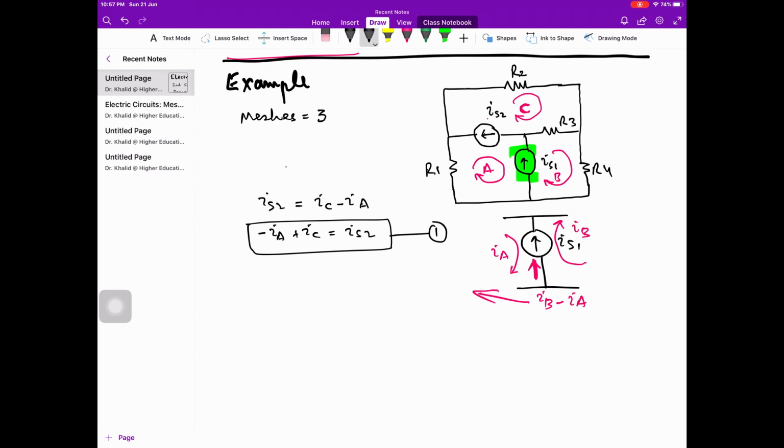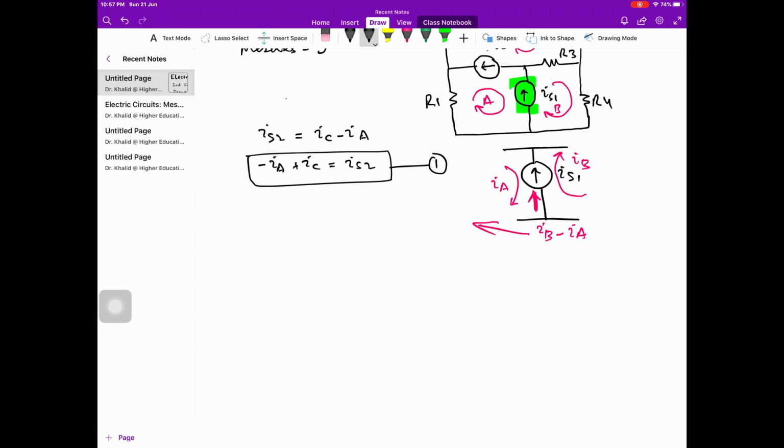Therefore, it is very simple. Whenever you see a current source shared by two meshes, it is very simple to find an equation. So I write IB minus IC is equal to IS1. Okay, sorry for the mistake.